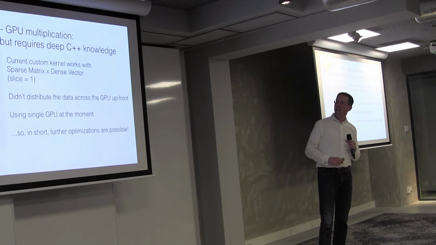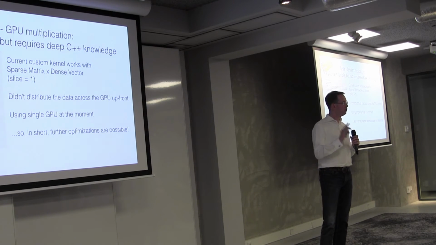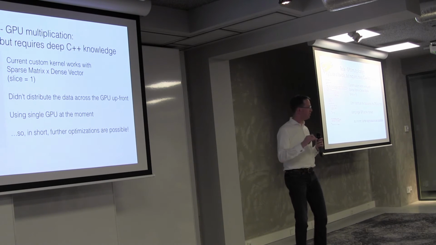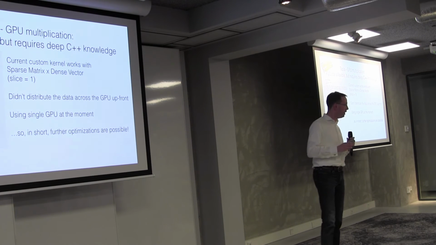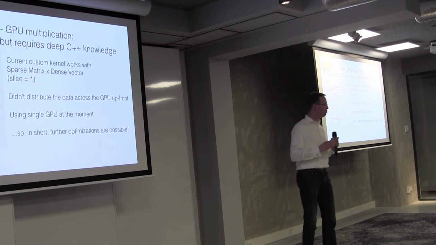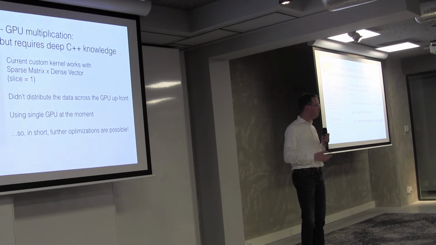Okay, so Tesla GPU multiplication. We've tried sparse, the binding from Anaconda. We've tried TensorFlow to make that work. Problem is that sparse matrix multiplication in a distributed way on GPUs is turning out to be incredibly difficult.